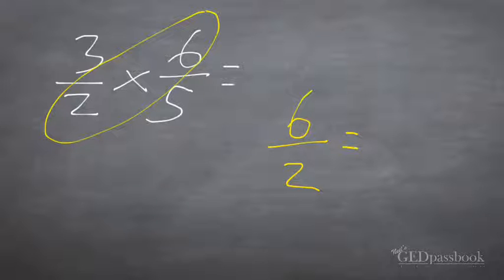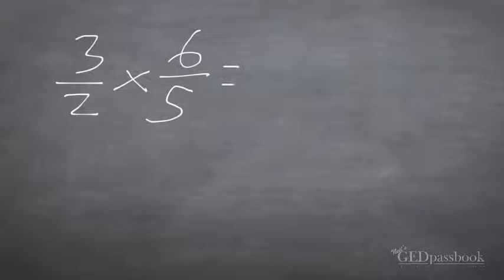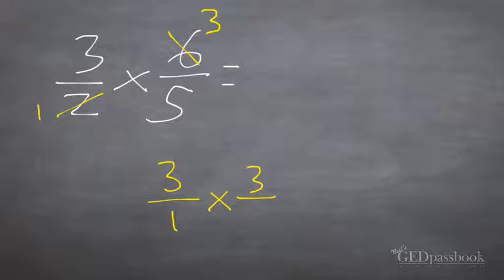If you divide both by 2, you end up getting 3 over 1, right? If you spot this right here, that one of your cross fractions could be simplified, what you literally do, you guys, is rewrite this like that. So now it's 3 over 1 times 3 over 5.